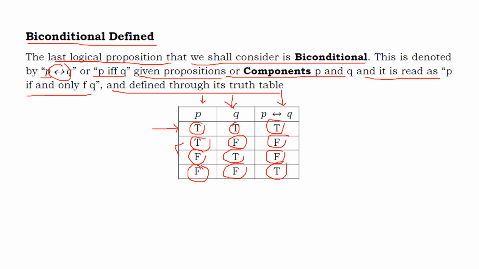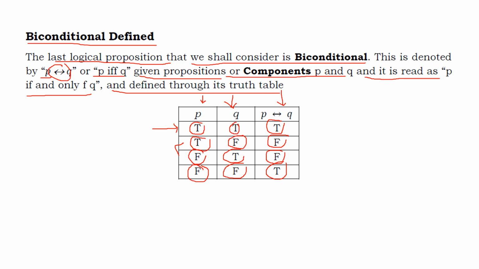is true. Meaning to say, in this biconditional, if both propositions are true, then the biconditional of these propositions is also true. If both propositions are false, then the biconditional of these propositions is true.